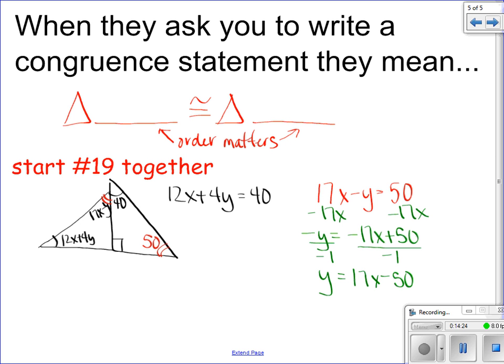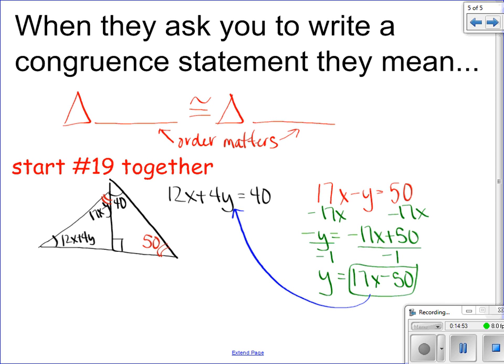Well, since I said this was the substitution method, what are you thinking we should do with this right here? This is what y is equal to right there. So if y is equal to this object, this 17x minus 50, couldn't we put it right here instead of writing y?